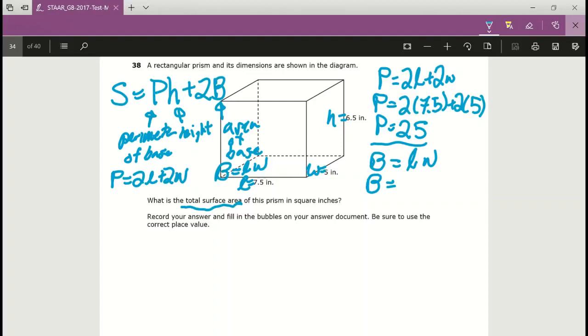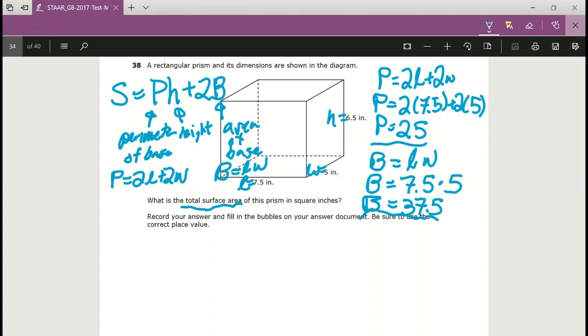My length is 7.5 times my width, which is 5. So 7.5 times 5. My big B, my area of the base, is 37.5.